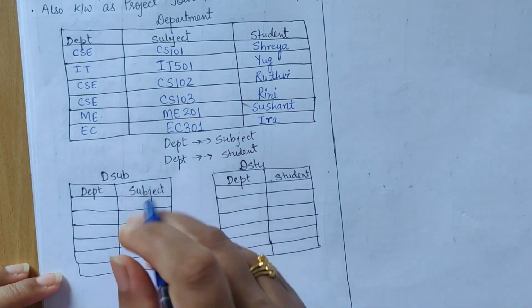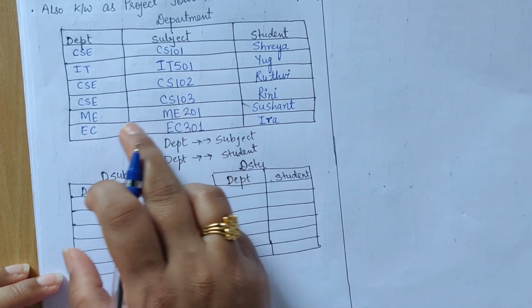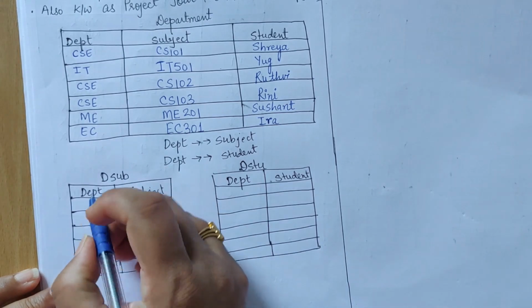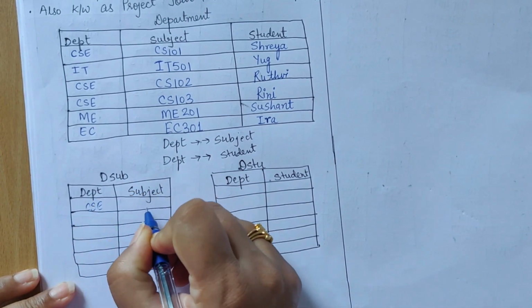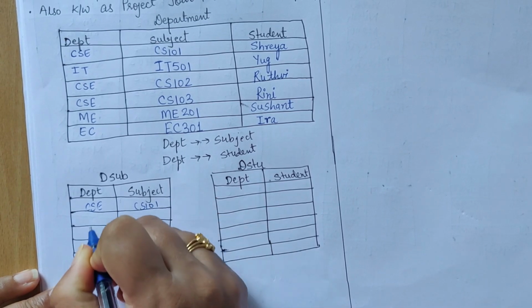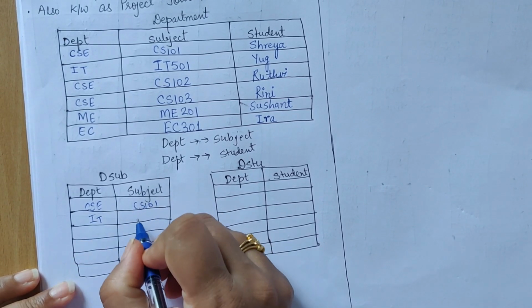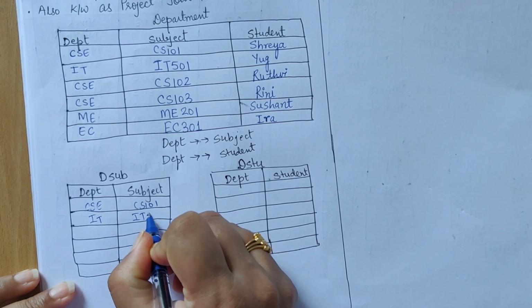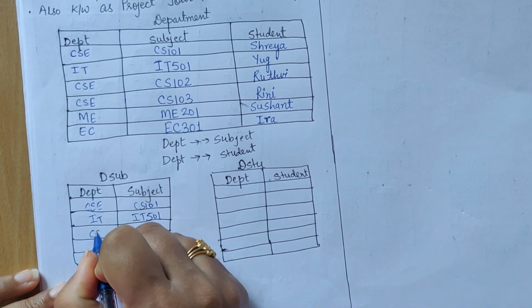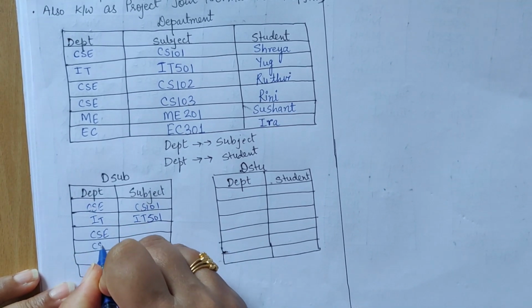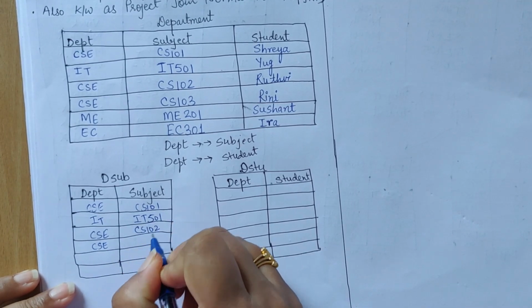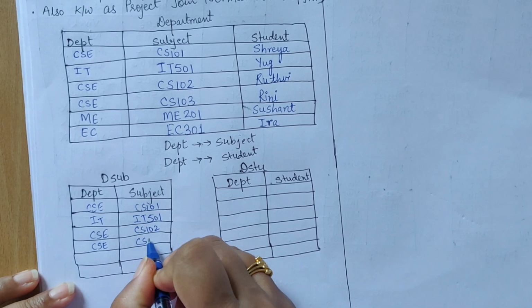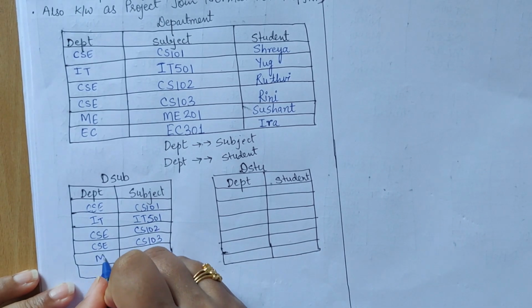So here in D subject, the attributes from the parent table will come: CSC, code is CS101, IT 501. Again there are two CSC tuples, and the subject codes are CS102, CS103.